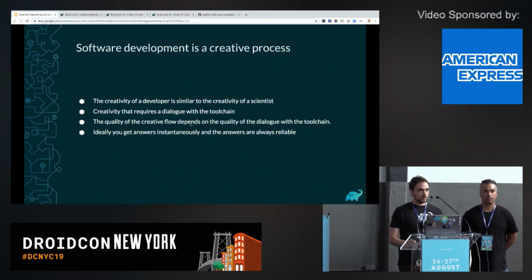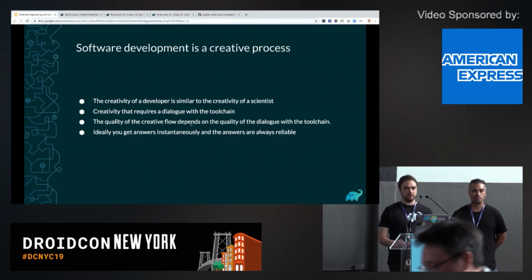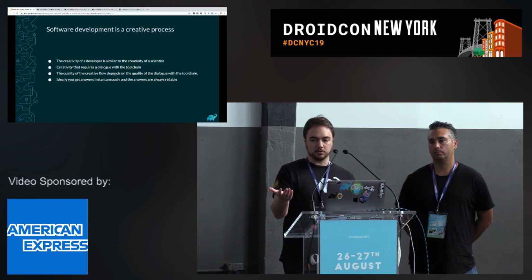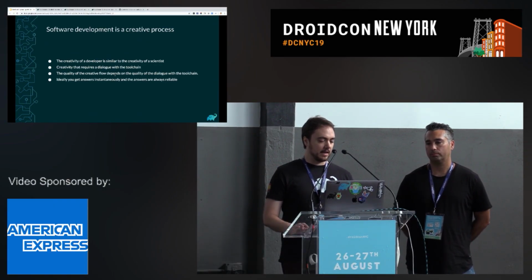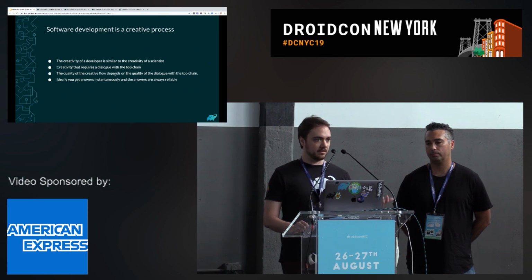And the quality of that creative flow, that iteration that you're doing, when you're editing one line of XML or one line of your Java or Kotlin source code, you want to have very fast feedback. You want to be able to change that one line and have it just reflect on your emulator or on your device, and that requires a really strong tool chain. And to maintain the strength of that tool chain, you need data. And so that's what Gradle Enterprise is about.